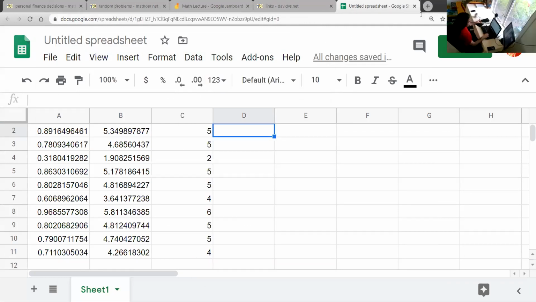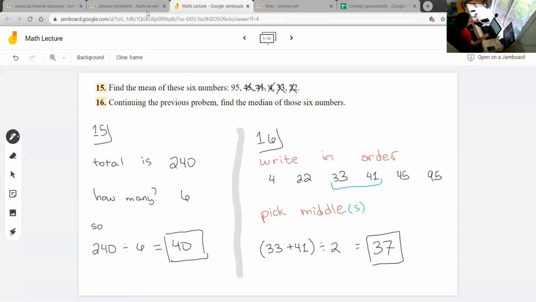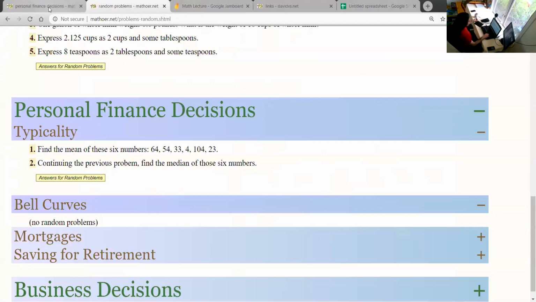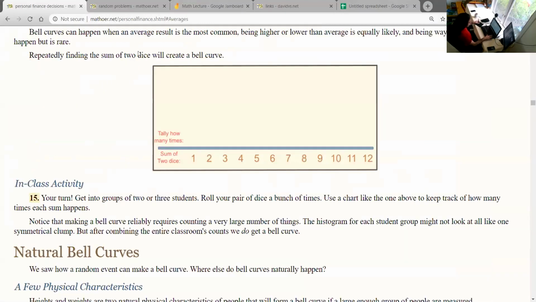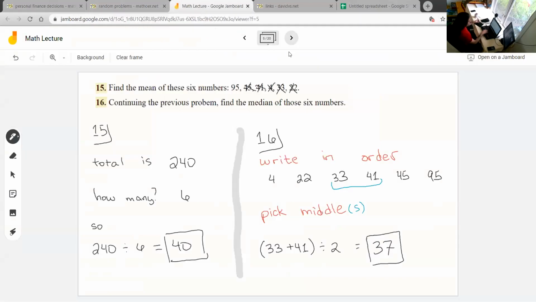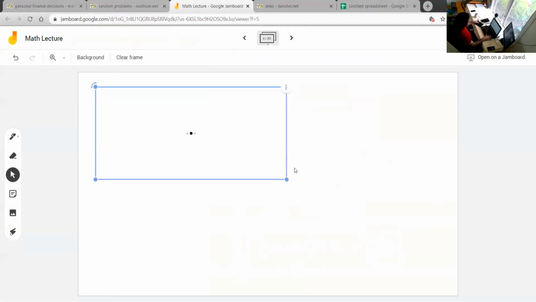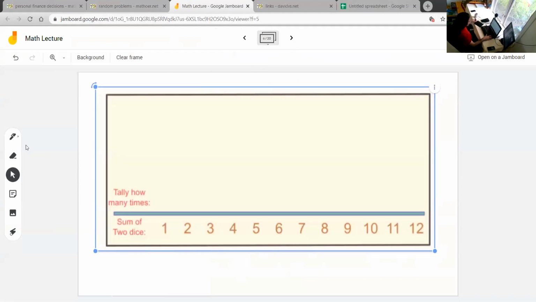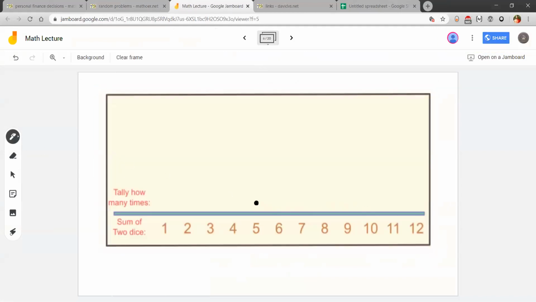Okay. In any case, I've rolled the dice. I have 1, 2, 3, 4, 5, 6 fives. Oh, whoops, I'm sorry, I did it wrong.